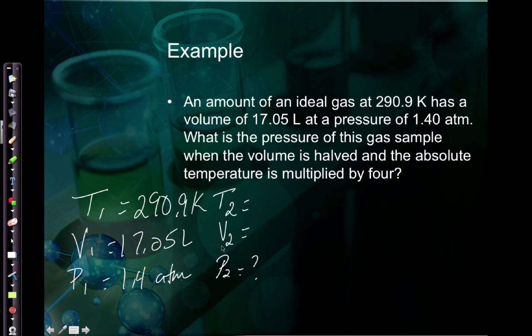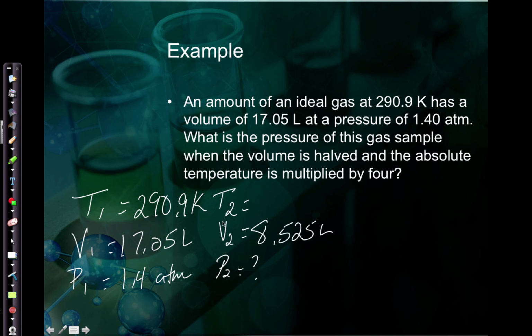Okay, so you can do this a couple different ways. I'm going to talk about this first. If you have your volume and that's halved, your volume goes down by half, so 17.05 divided by 2 would be 8.525 liters.